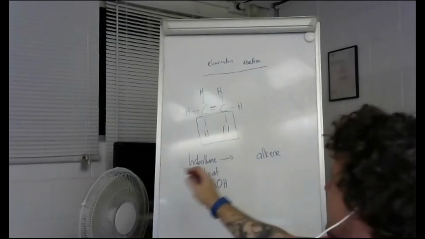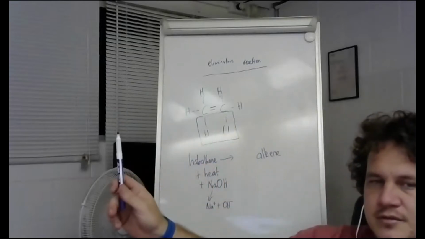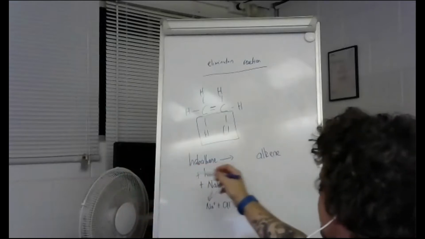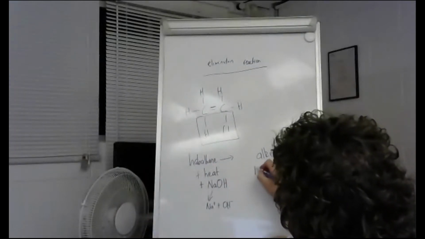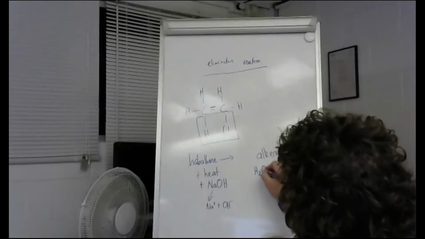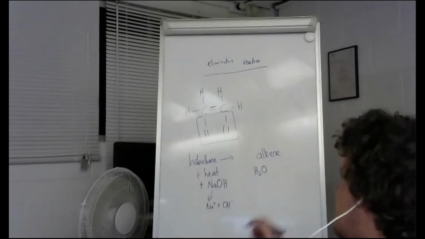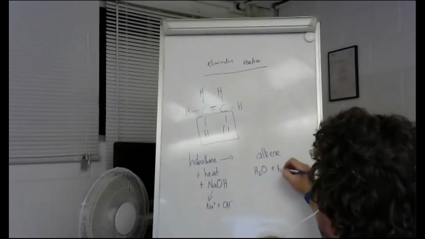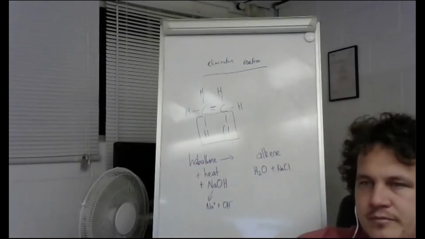We've got hydrogen left over, which will bond with the OH- to produce H2O. The chlorine will bind with the Na+, and we'll get NaCl.